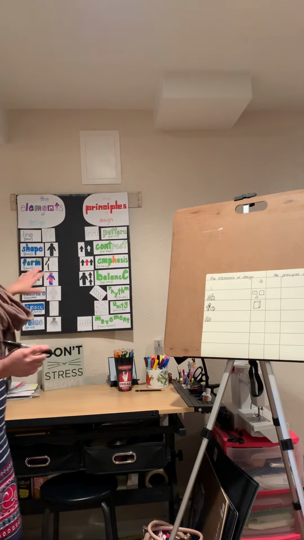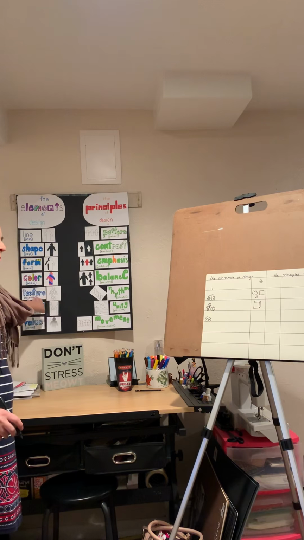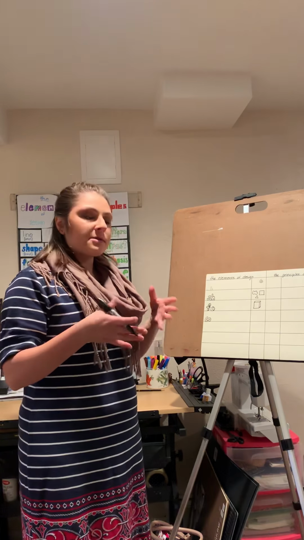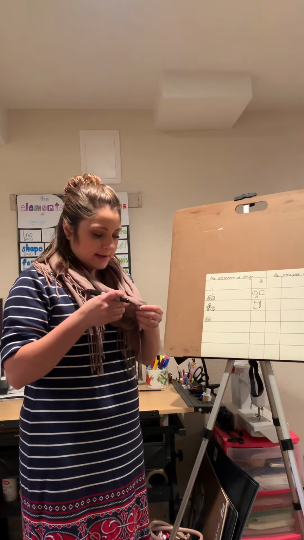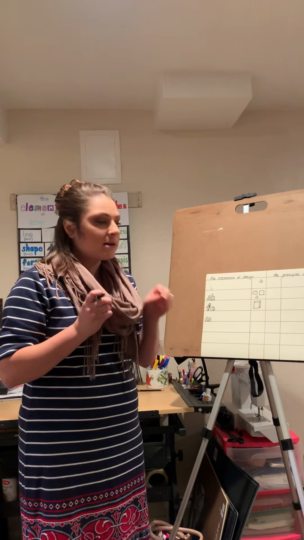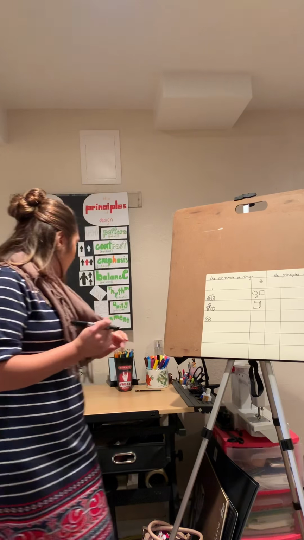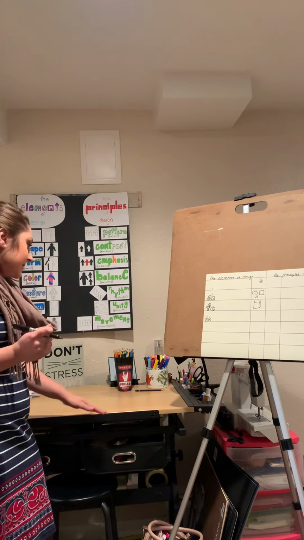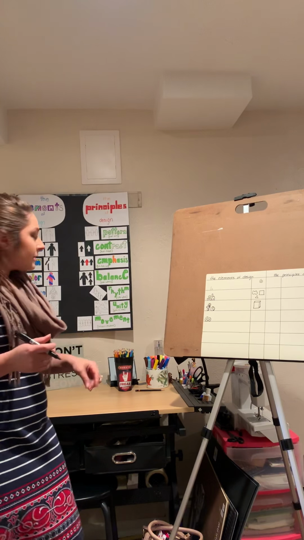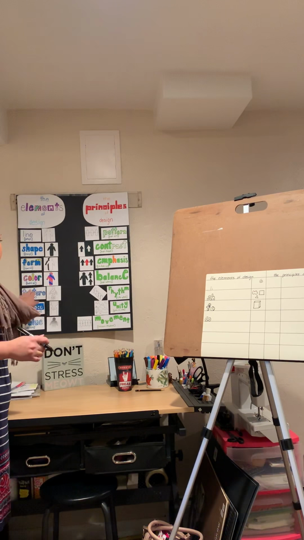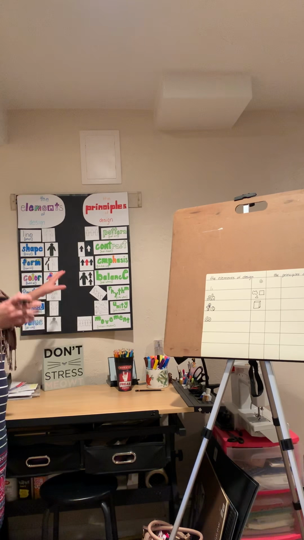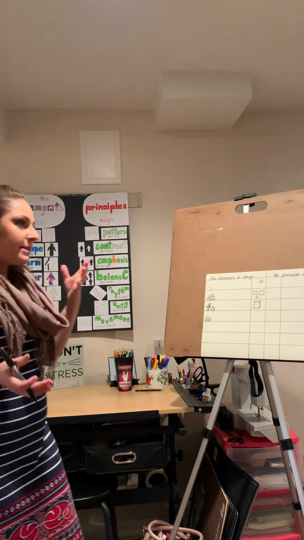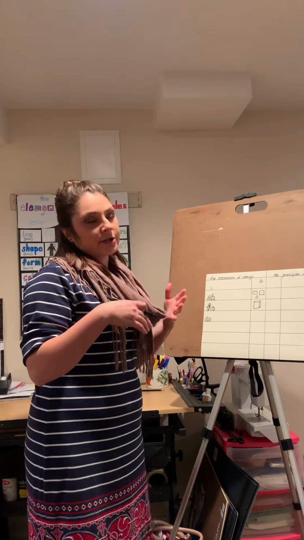Now we're going to move on to texture. Texture is a big word. Texture is the way something feels, like the texture of my scarf is soft, or this desk is smooth. For my example here, I used prickly, the texture of this cactus is prickly. Obviously in a drawing, you can't feel a texture.